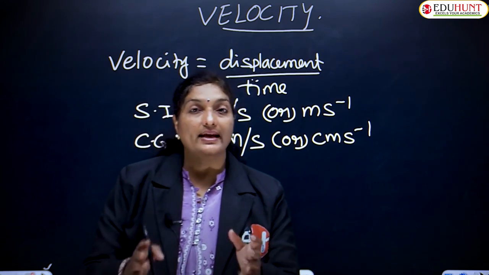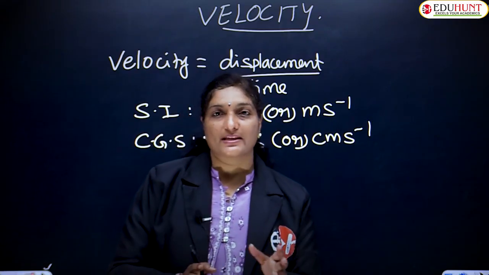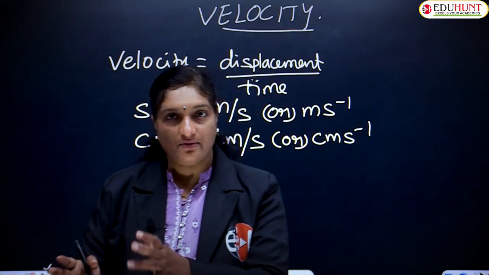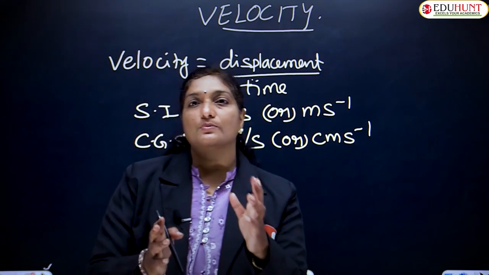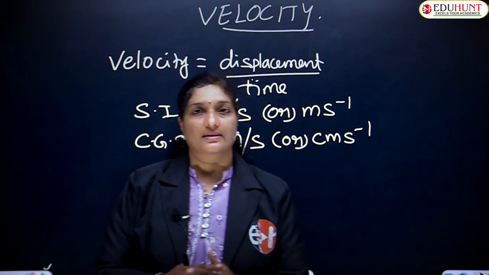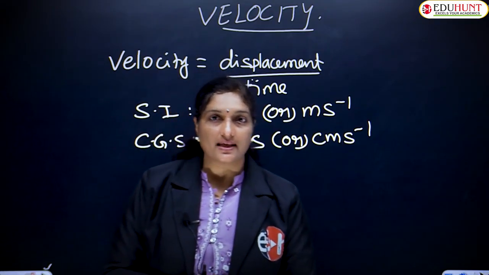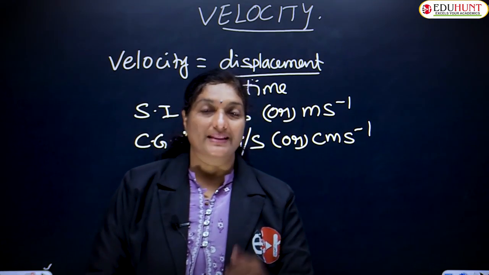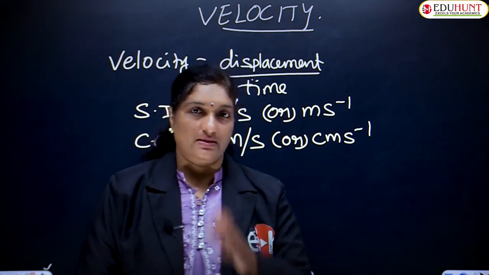Whereas, when a body covers unequal displacements in equal intervals of time or equal displacements in unequal intervals of time, then we can say that the body moves with non-uniform velocity.